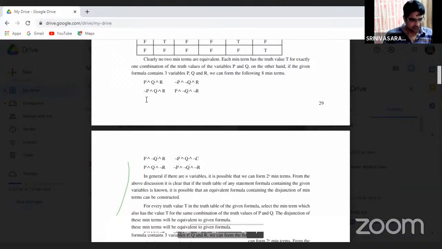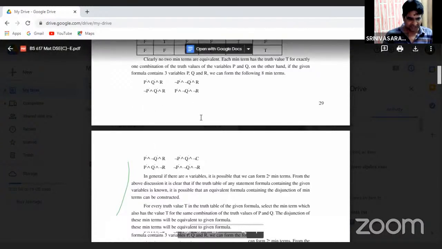Suppose negation P and Q and R, only P is the negation, the others are the same. Now, in the conjunction, P and negation Q and negation R. Now, P and negation Q and R. These are all combinatorial values from the three variables.